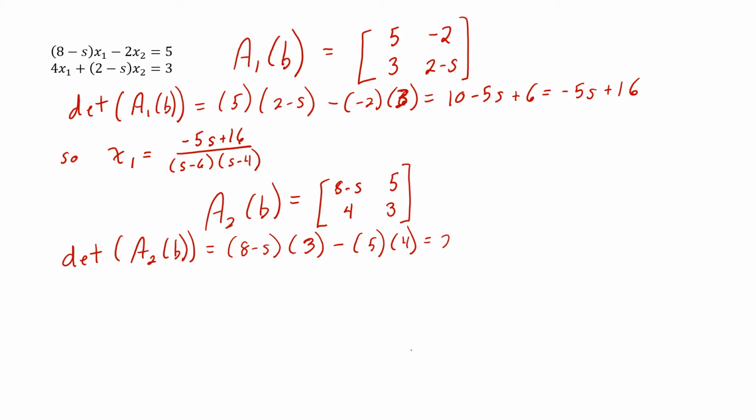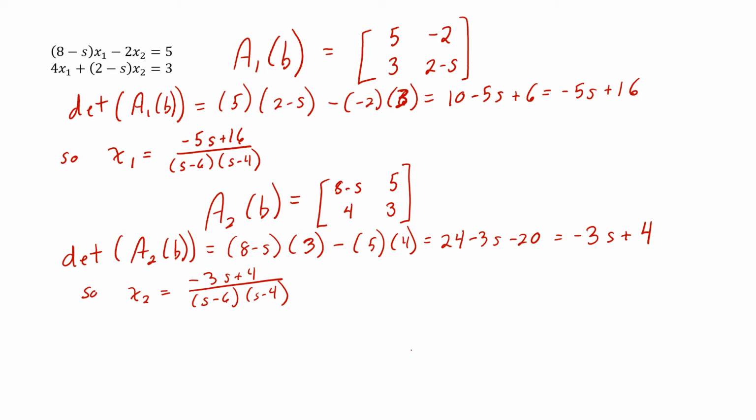Figure this all out, we get 24 minus 3s minus 20, which gives negative 3s plus 4. So x2 is equal to negative 3s plus 4 over s minus 6, s minus 4.